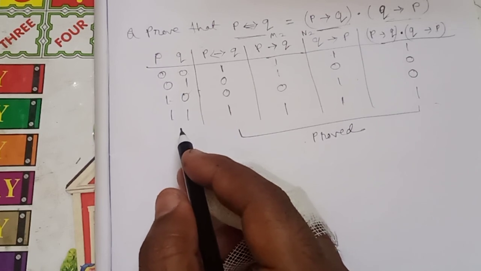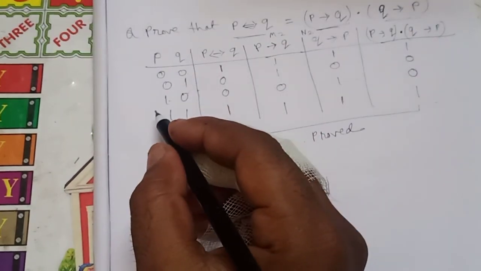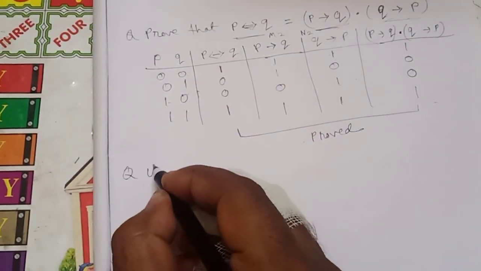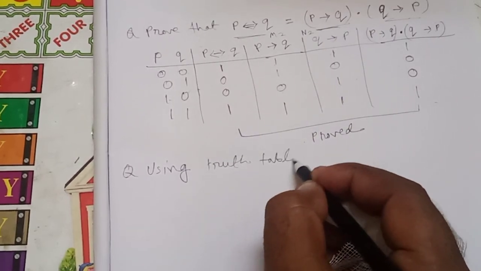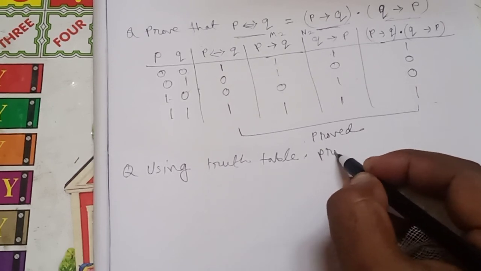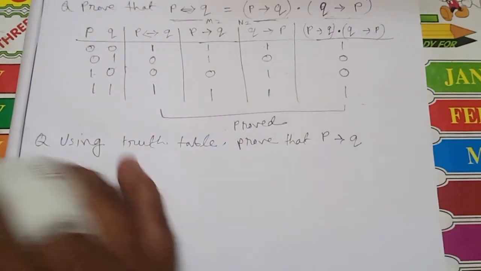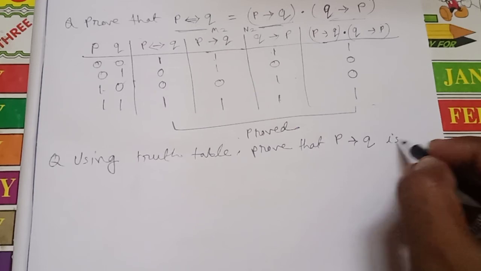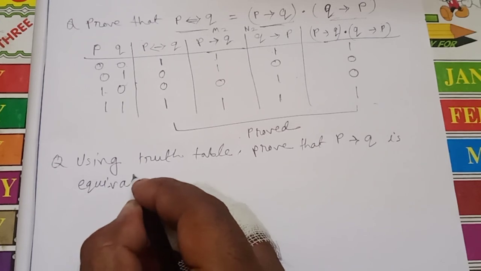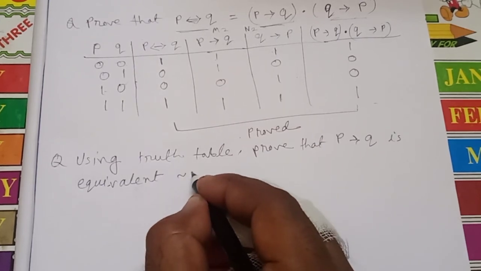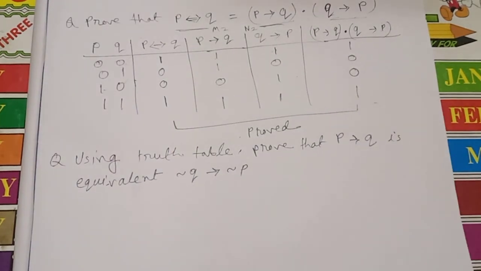If you get this type of expression: using a truth table, prove that P arrow Q is equivalent to not Q arrow not P. How do we solve it?